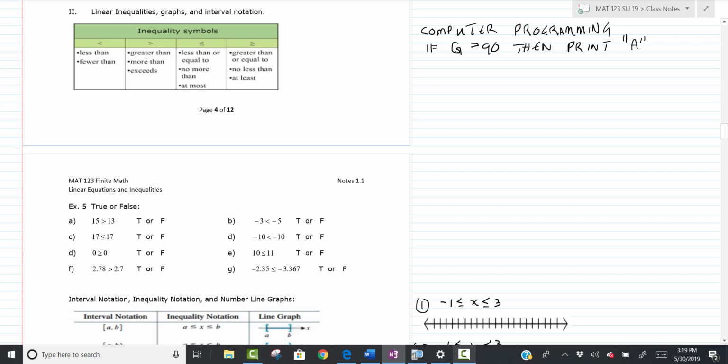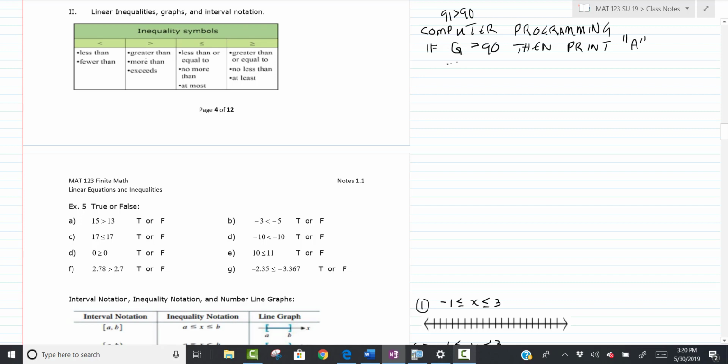G is a variable, so G could change as you input it. Right now, if G was 91, since it's true that 91 is greater than 90, then it would print A. If it's false, then it usually just goes to the next line of the code.